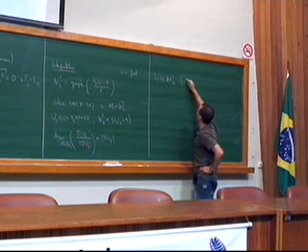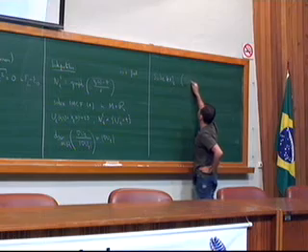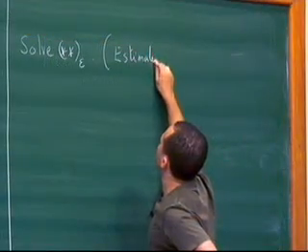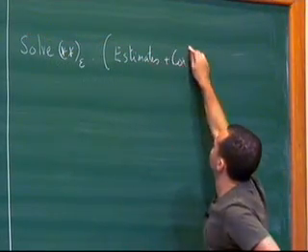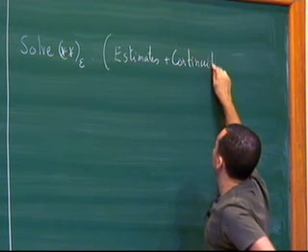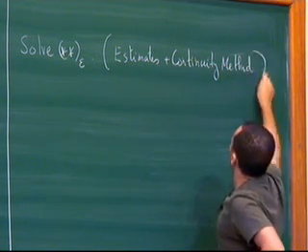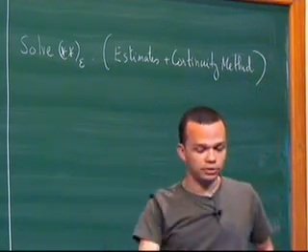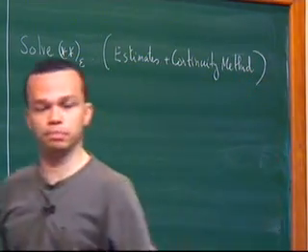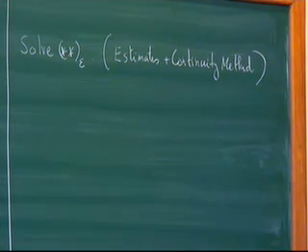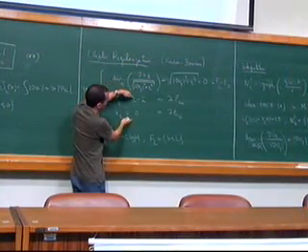Here it involves a lot of estimates and the continuity method. Right? This is a very standard method for constructing graphs for prescribing curvature equations. You want to solve for U epsilon with these boundary conditions.